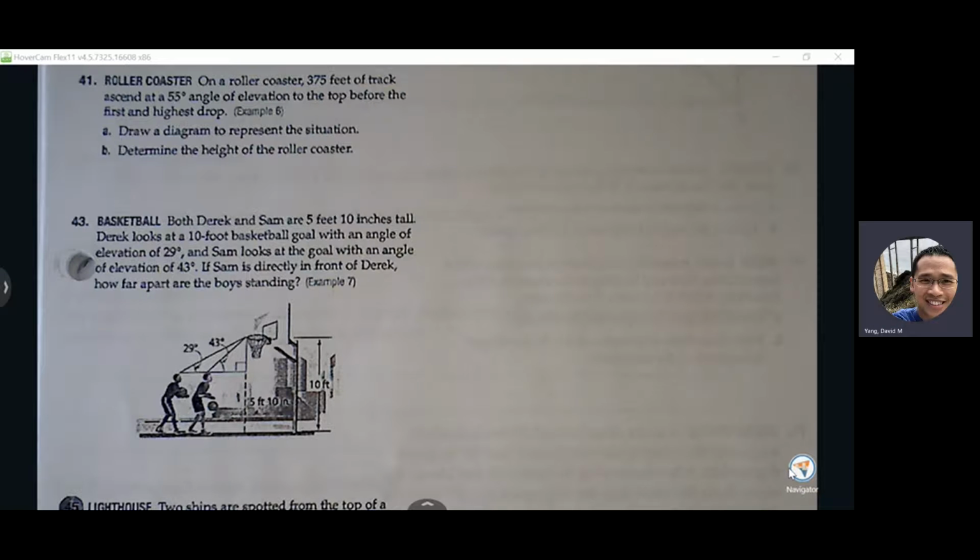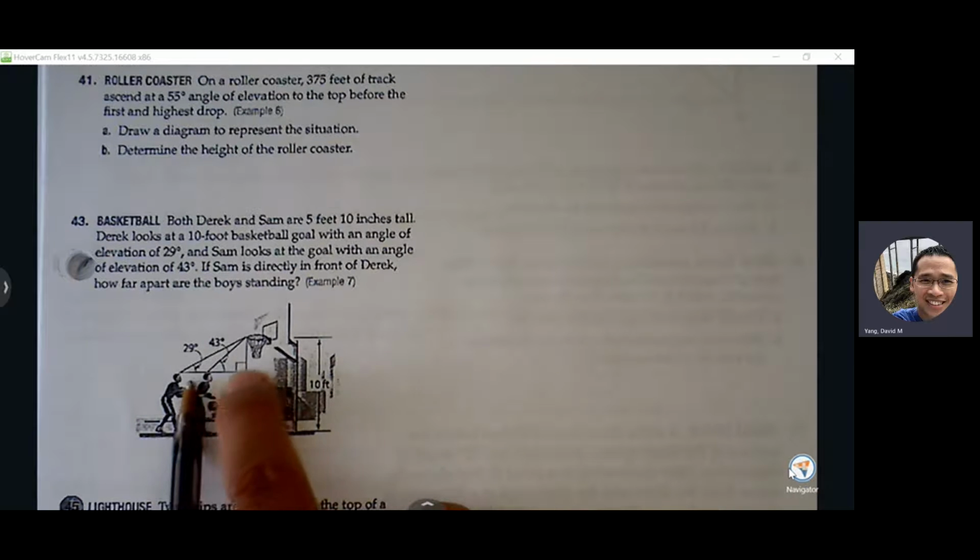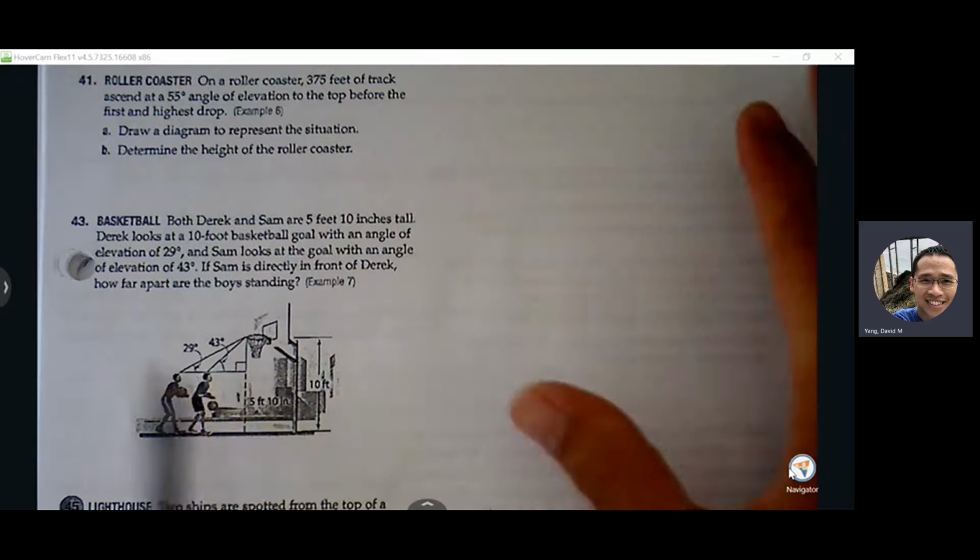We don't have to worry about the fact that Derek and Sam are 5 feet 10 inches, and the goal is... actually we do. Sorry. So I will just set that up in a second. But for now, look at how the triangle is drawn here. So we're going to copy that triangle over here.